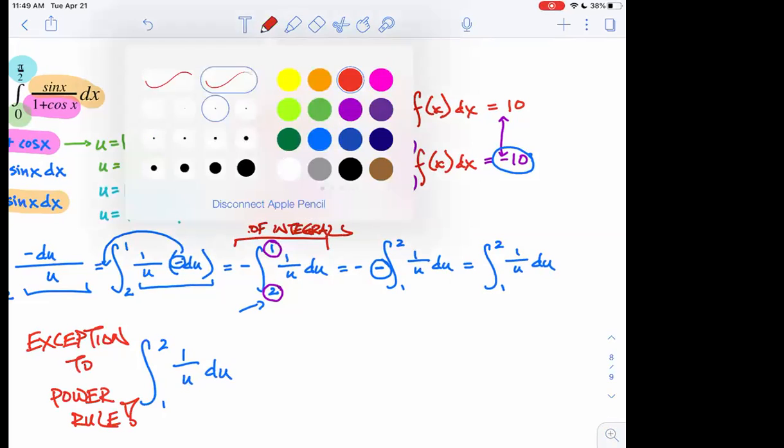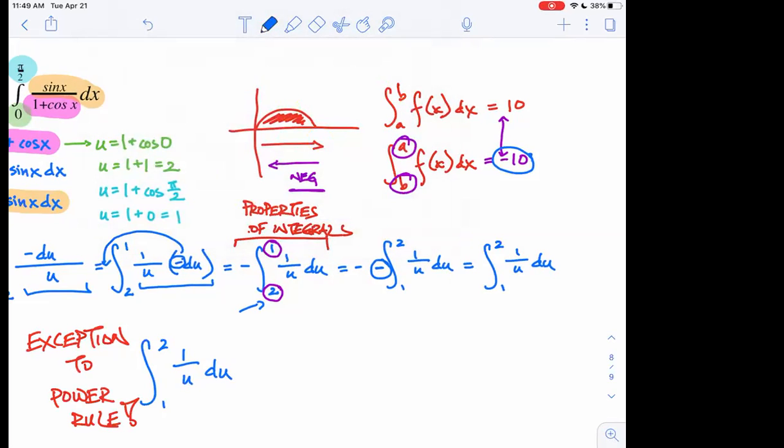What function do we take the derivative of to end up with 1 over x? Natural log. Yeah, the natural log, okay?